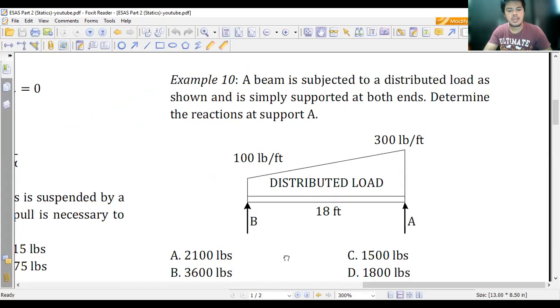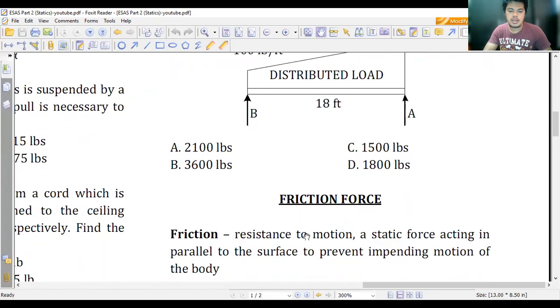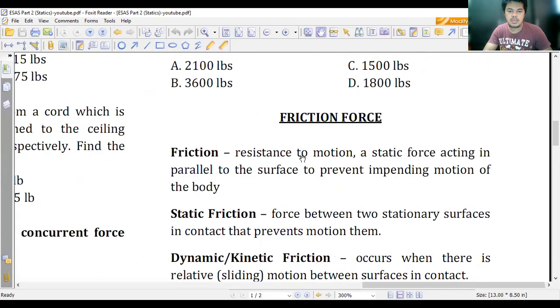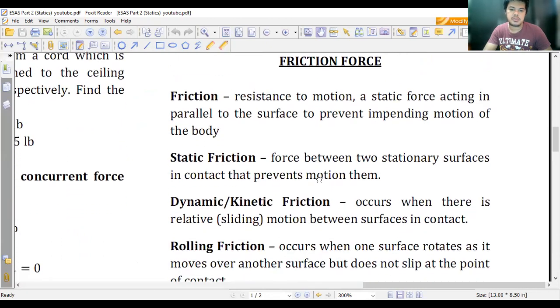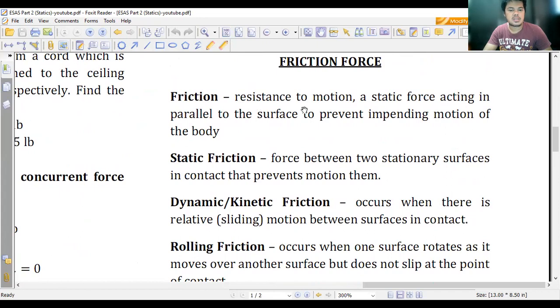Then we proceed to the next topic, which is the friction force. First we define what friction is. Friction is the resistance to motion.